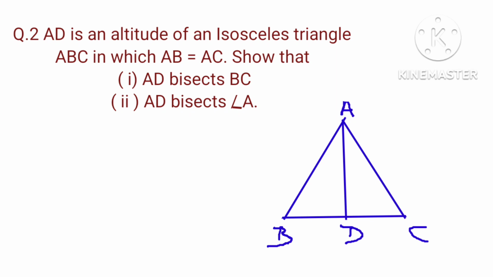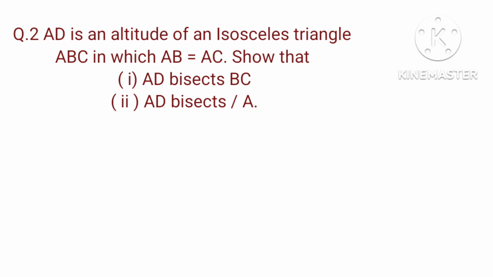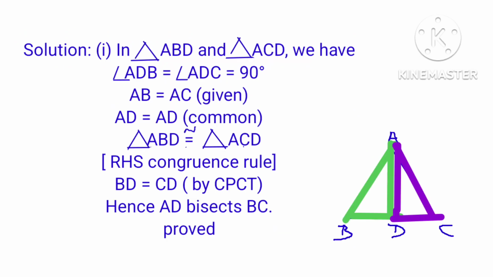Question number 2. AD is an altitude of an isosceles triangle ABC in which AB is equal to AC. Show that 1) AD bisects BC, 2) AD bisects angle A. In triangle ABD and triangle ACD, we have angle ADB is equal to angle ADC is equal to 90 degrees, because AD is altitude of triangle ABC.